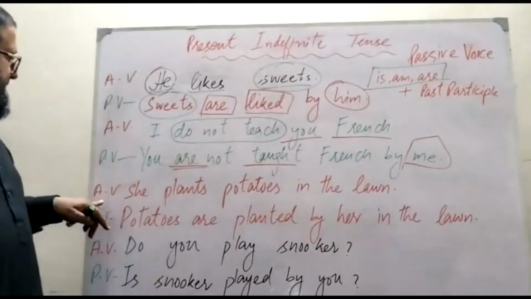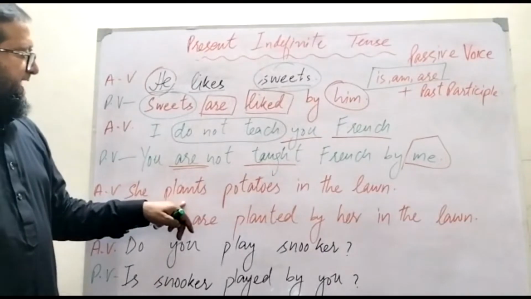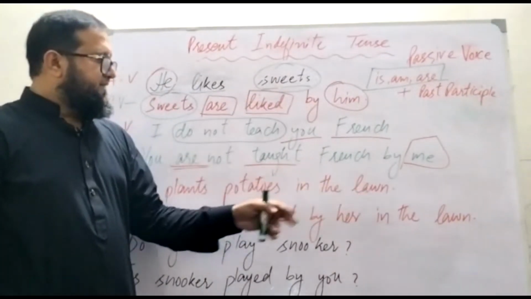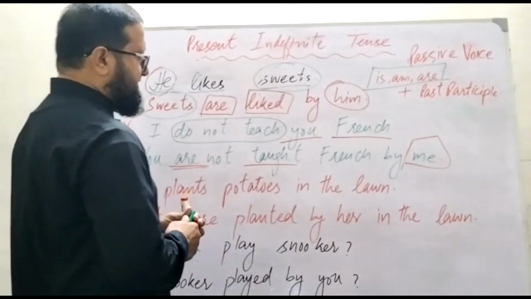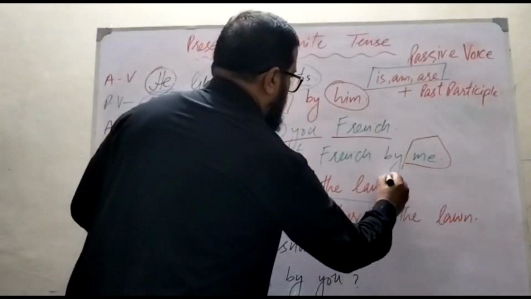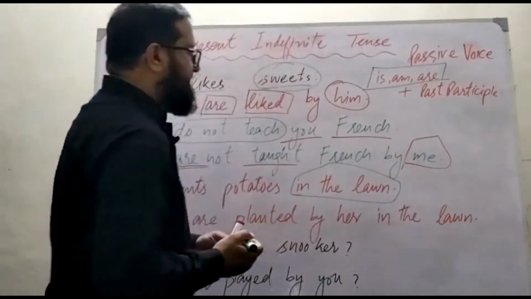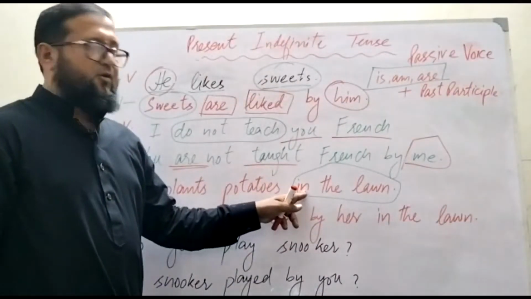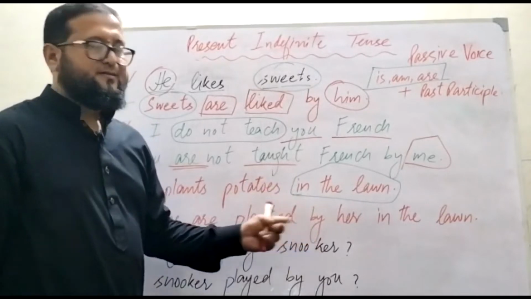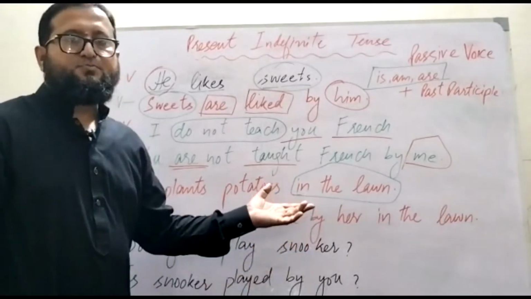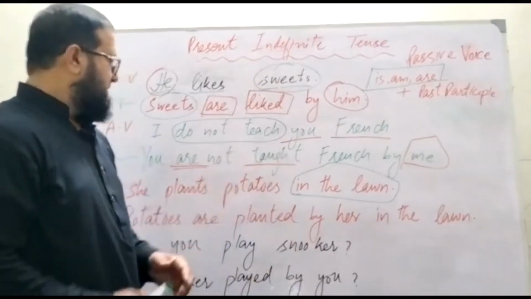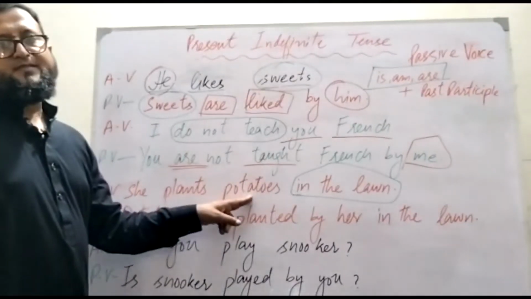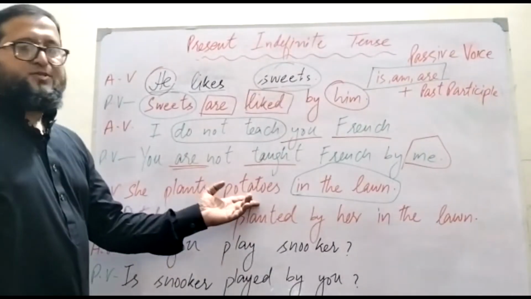Next sentence you see: she plants potatoes in the lawn. Now you see, in the lawn is not an object. In the lawn is a phrase beginning with a preposition. Alright? So it's not an object. So you easily see the verb is there, and just after the verb there is the object.